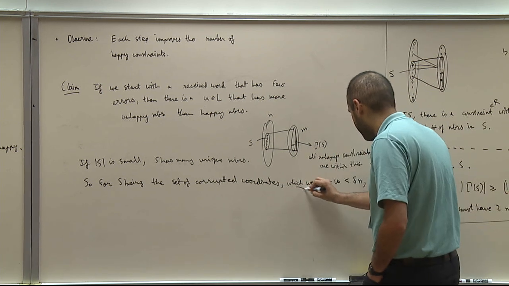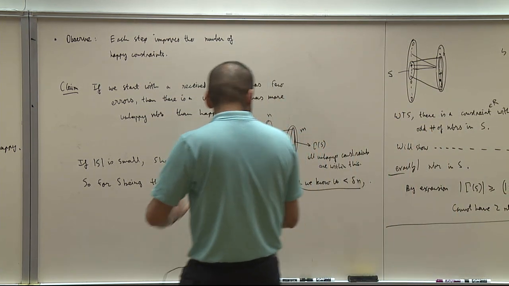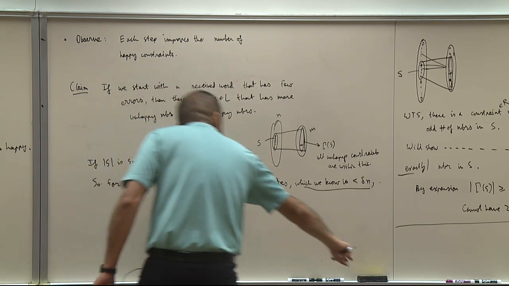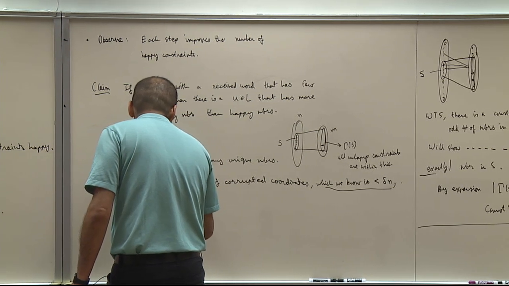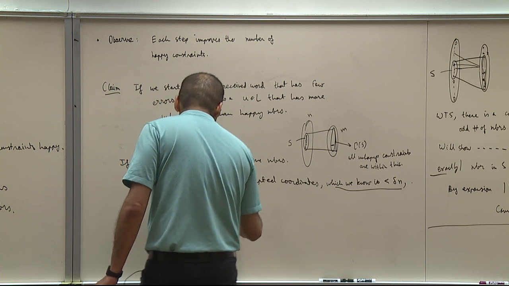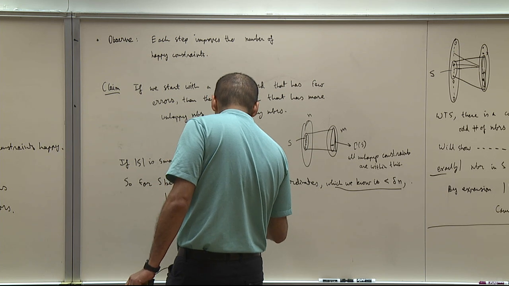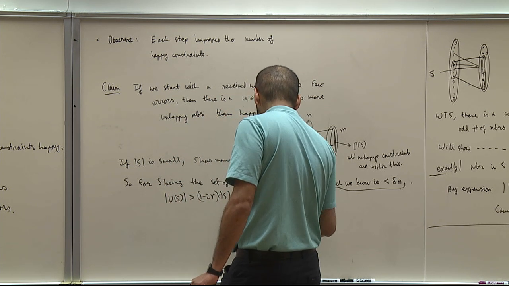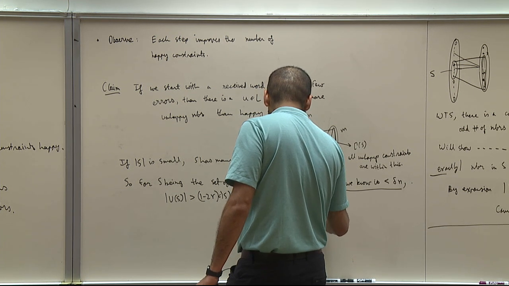I need to discuss this soon. So there is a set of corrupted coordinates, and we know it's less than delta n. The size of the unique neighborhood U is greater than 1 minus 2 gamma times d times the size of S, which is greater than half of d times the size of S, which is at least half the neighborhood of S.